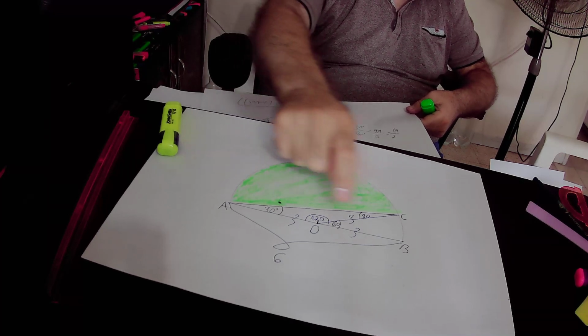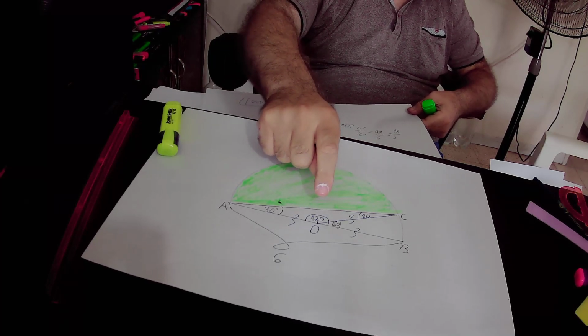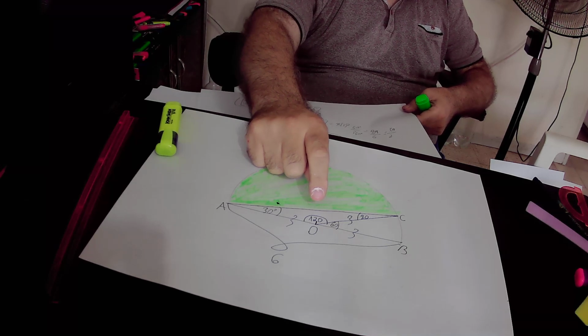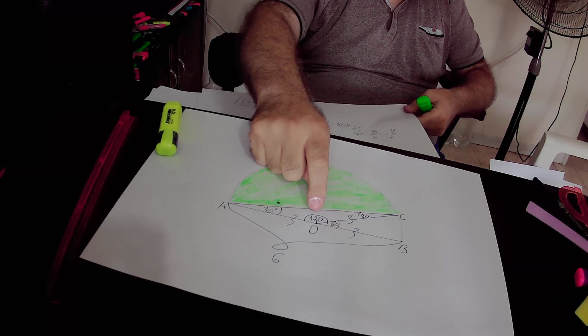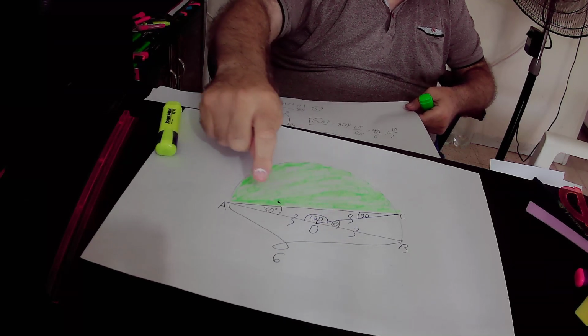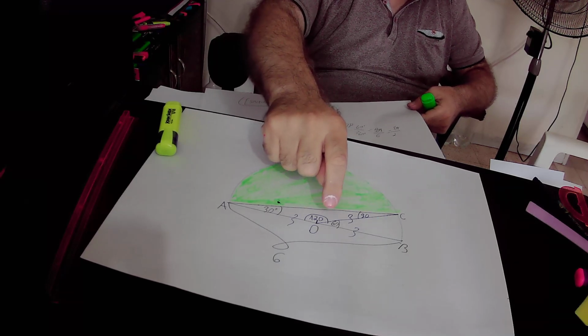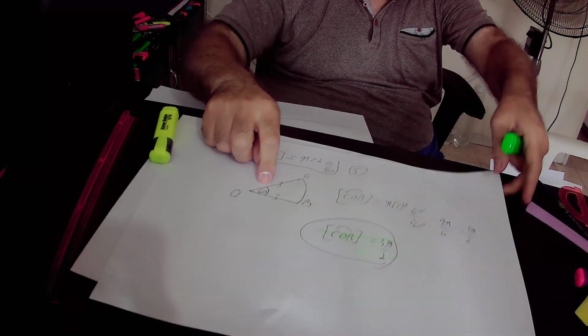So if we focus on the upper side of the straight line AB at point O, the sum of the angles must be equal to 180 degrees. In the upper side of AB at point O, we have here 120 degrees. Therefore, the missing angle must be equal to 60 degrees in order to complete the sum of the angles on the upper side of AB at point O to 180 degrees. So this angle equals 60 degrees.